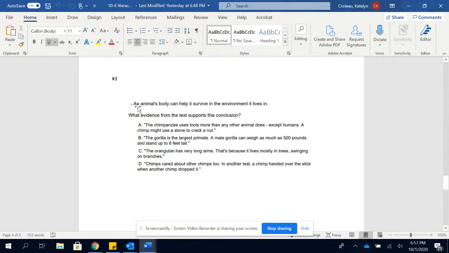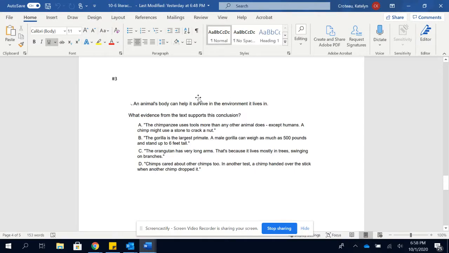All right. Number 3, an animal's body can help it survive in the environment it lives in. What evidence from the text supports this conclusion? So this would be like a student gave you an evidence statement, and you have to determine if that evidence statement matches this here.